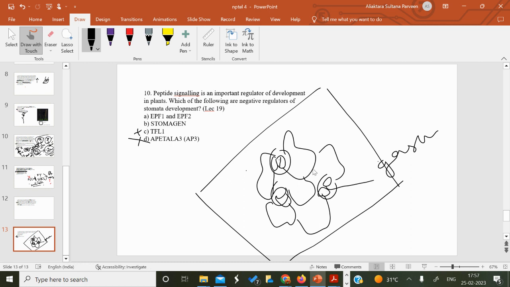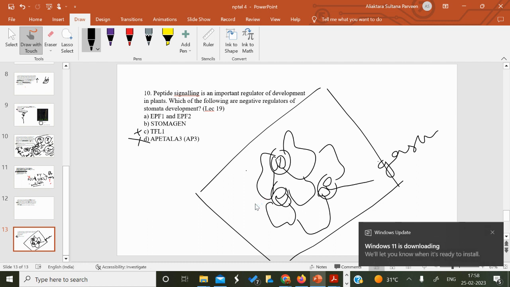Okay, what is important here is that the plant should have an optimum number of stomata. Whenever there is gaseous exchange, water can also evaporate from the stomata. So it should not contain a very high number of stomata, otherwise the plant will face water loss, and because of the water loss the plant can wilt and eventually die.